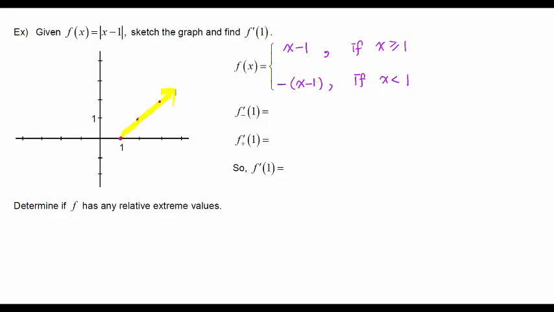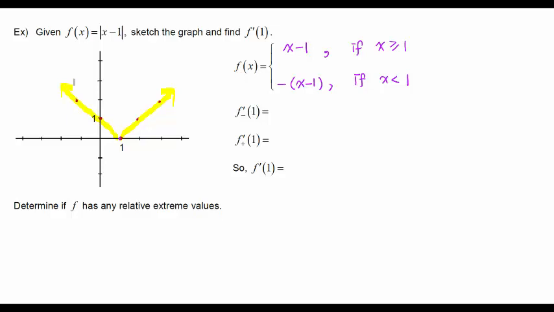And then for all x less than 1, you can plug in x equals 0. We are now plugging into the bottom function, the opposite of the quantity x minus 1. So if you plug 0 in there, you get positive 1. If you plug negative 1 in there, you get positive 2. So you will get this part of the absolute value graph.